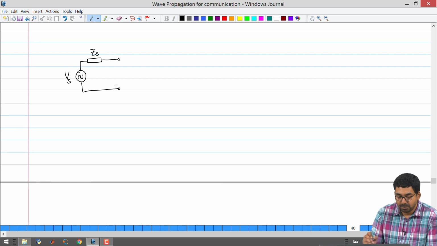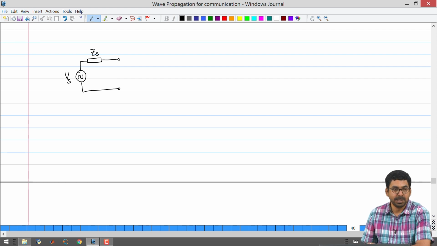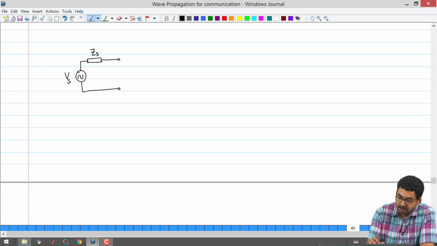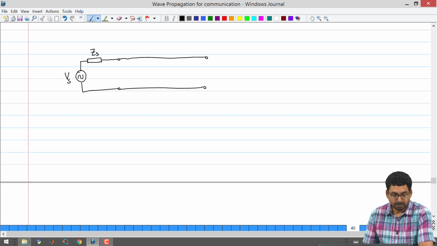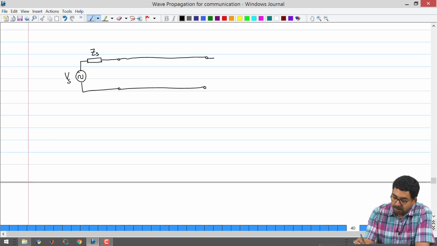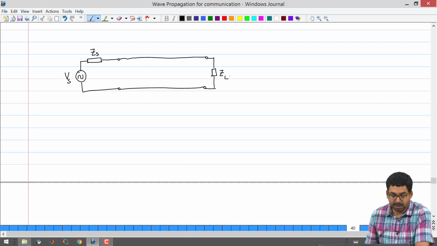Following that, I am having a transmission line section. I am going to mark this transmission line section like so, and a load impedance that is connected on the other end, which is denoted by Z suffix L.